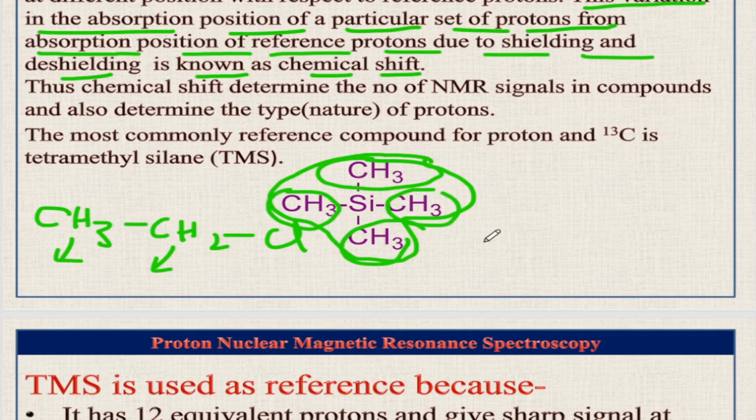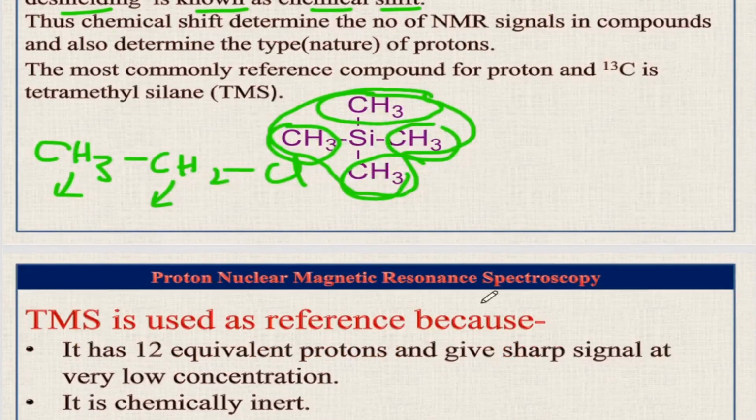All 12 protons are equivalent, so it gives a sharp NMR signal even at very low concentration.